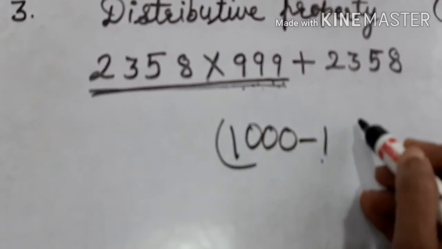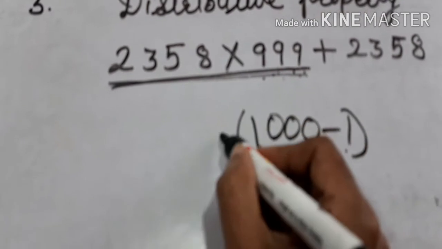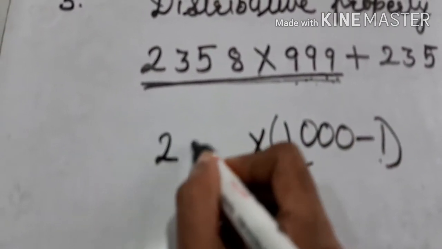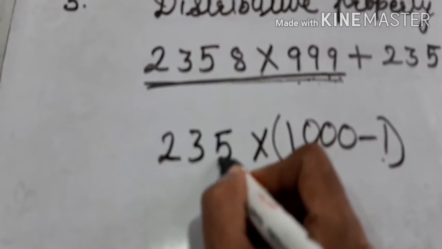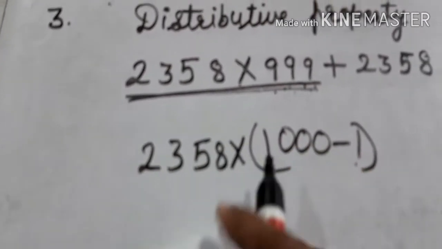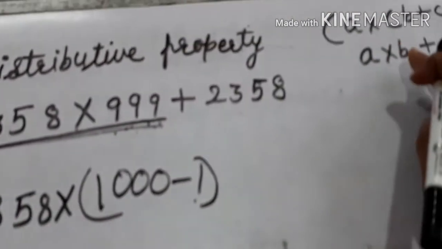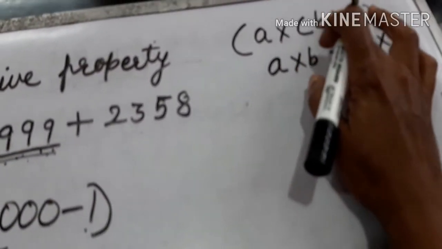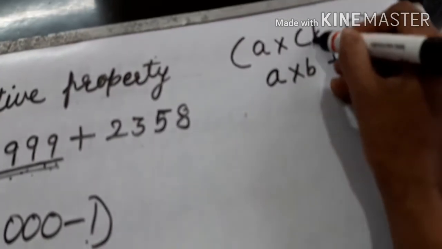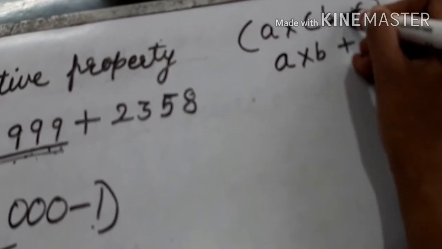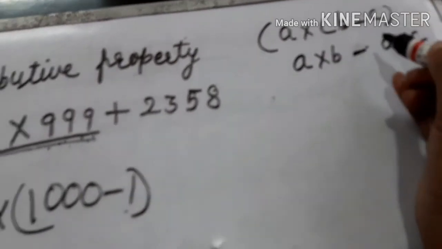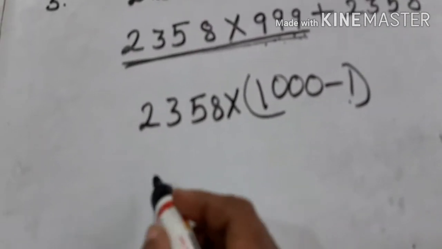So this I am putting in the bracket, the multiplication sign was already there, 2358. Now you can relate this with the distributive property, only in place of addition if I put subtraction here. So you are able to relate it with multiplication over subtraction. So we will solve this part now.